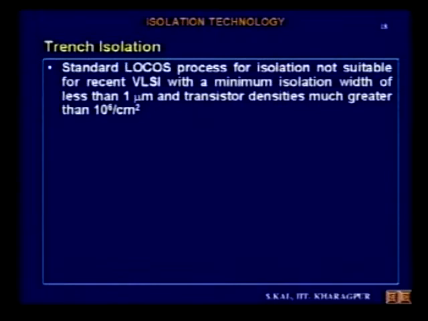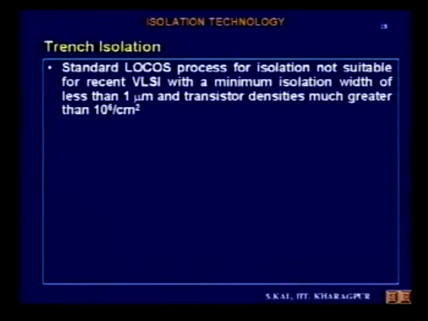So in trench isolation, why did it evolve? Obviously, the standard low-cost process has certain limitations, and what are those limitations? The standard low-cost process for isolation is not suitable for recent VLSI with a minimum isolation width of less than 1 micron, and transistor density much greater than 10 to the 6 per centimeter square.